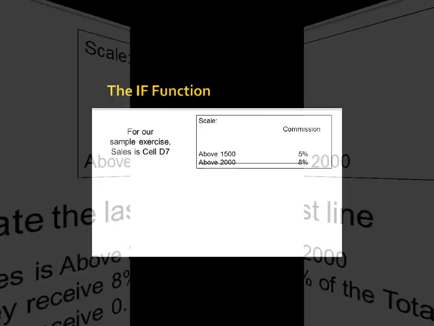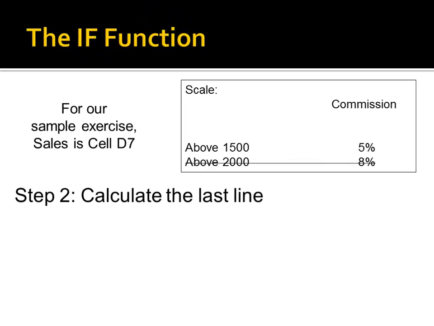Here is step 2. Calculate the last line again. Notice I have crossed out the last line in our scale at the upper right corner because we've done that one. Our concentration now is on the one just above it, which is above 1,500. He gets 5%.